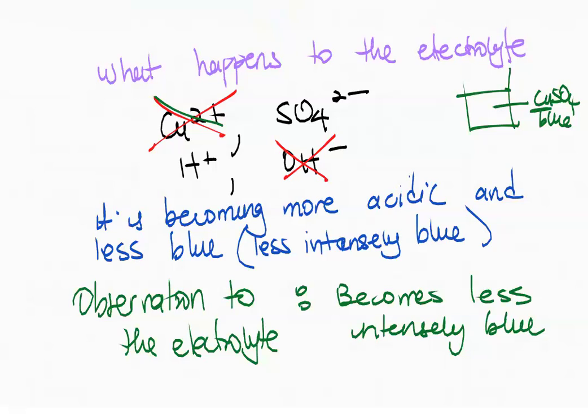Do you understand copper sulfate with inert electrodes? Are you good with it? Did the electrodes take part? Did the electrodes have anything to do with these reactions? No. Okay, good.